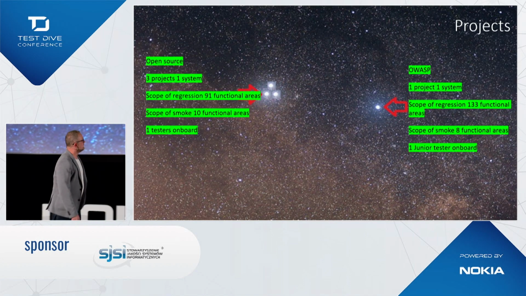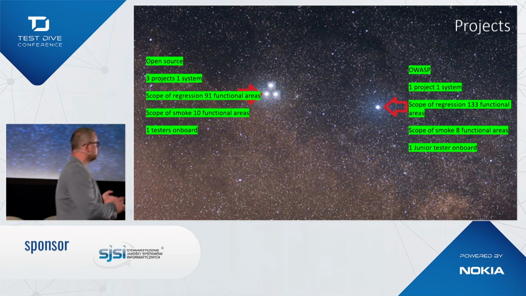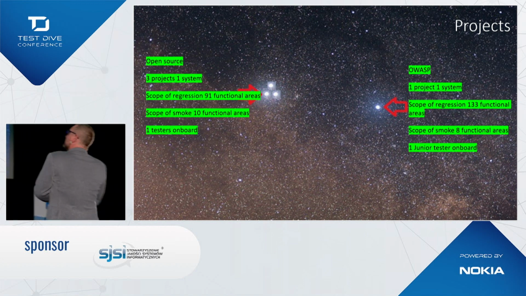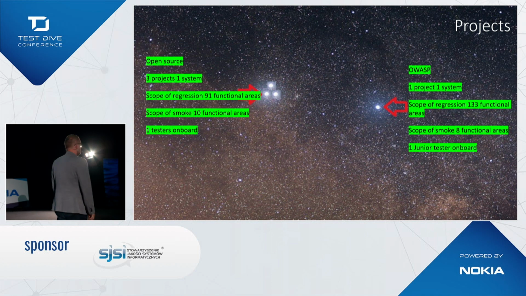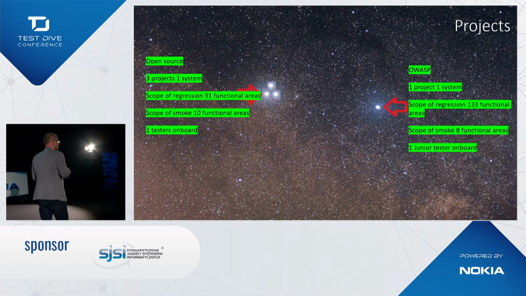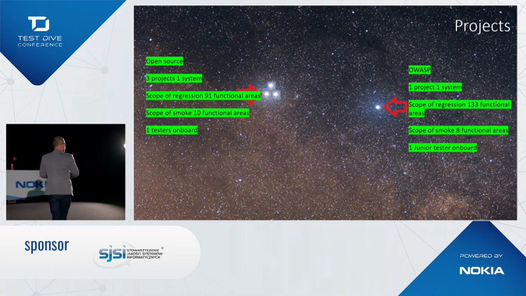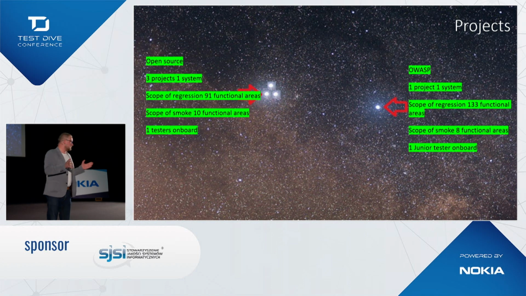Okay, so let's go a little bit more into details. On the side of open source, we selected 3 projects that were under one application. It's very common in IT that because of some historical things, within one application, we have 3 projects.